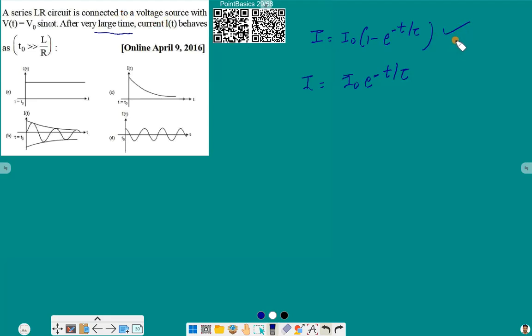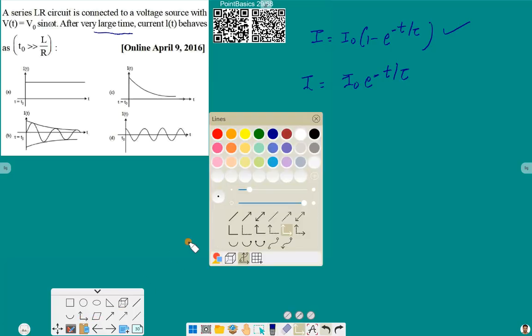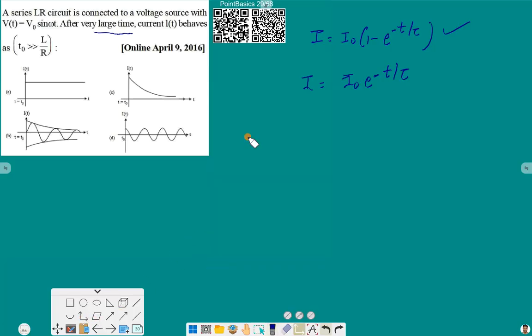In case of charging of an inductor, if sufficient time is provided, its charging looks something like this. If I try to plot a graph here, charging of an inductor looks like this. That charging will occur and then it will saturate to the maximum value that is possible.